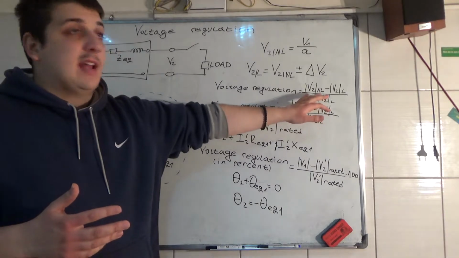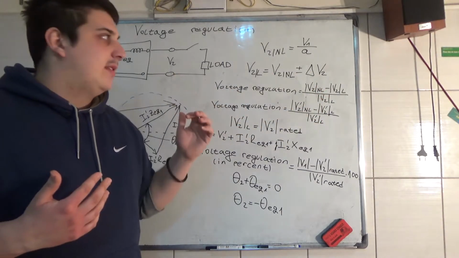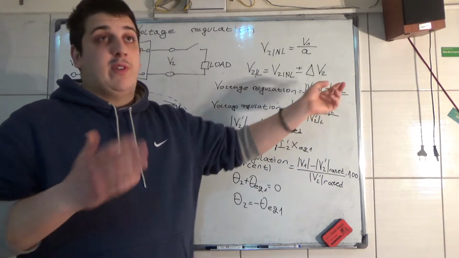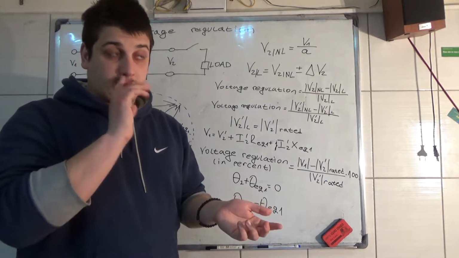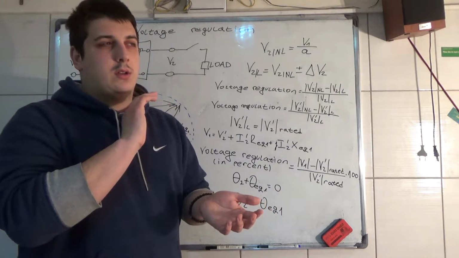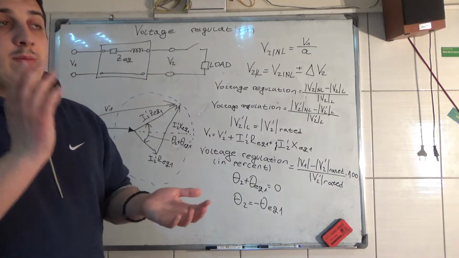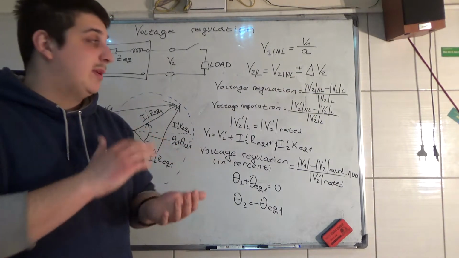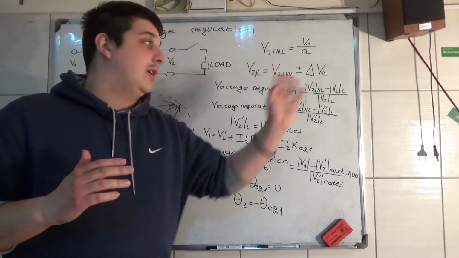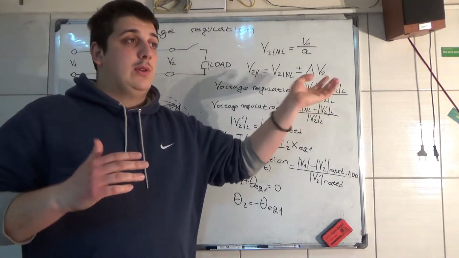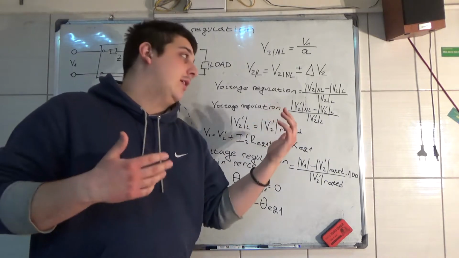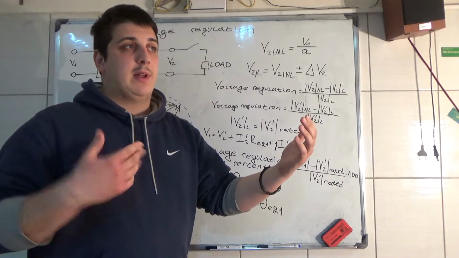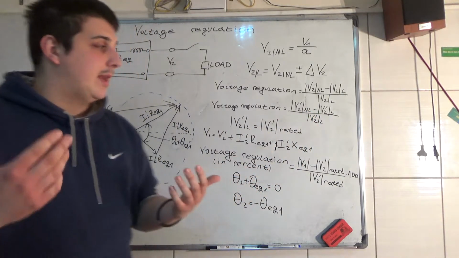This will be negative, because for a leading power factor the voltage increases, and the no load voltage will be a little bit smaller, so it rises to the load voltage, but you'll see that in my next video.